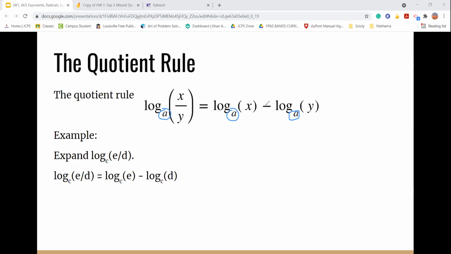So that's a minus. Yeah, minus. That's what you can use when you're subtracting logarithms and you want to combine the numbers together. As an example, if we want to expand log base c of the expression e over d, we would give the e its own logarithm and give the d its own logarithm and then subtract them.